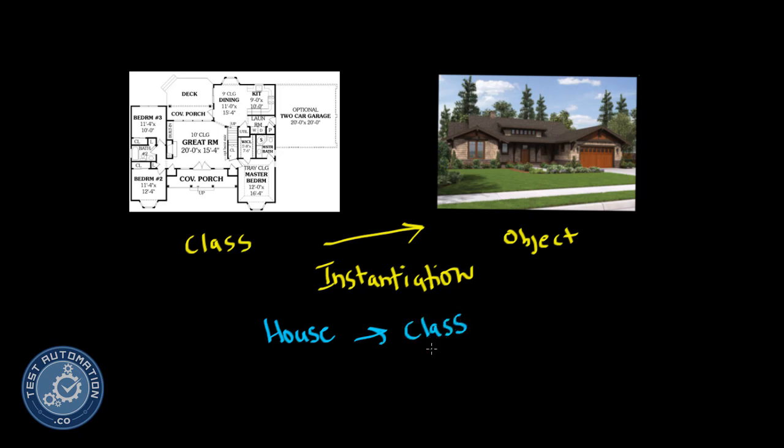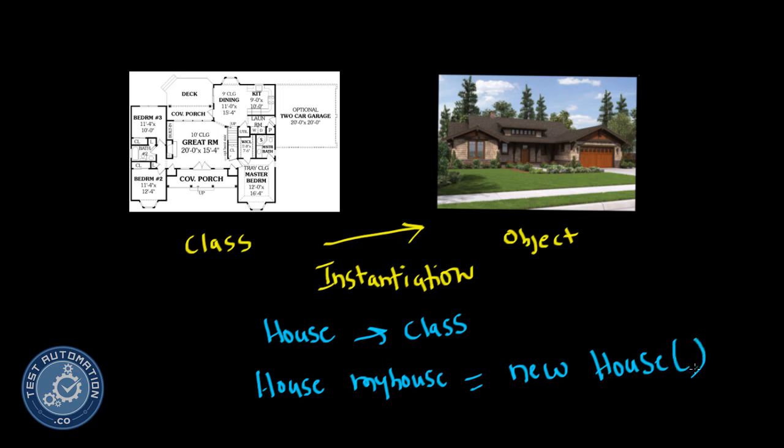This is achieved by using a syntax, which I'm going to show you right here. I want an object house. I will name that myHouse, and that can be instantiated by using the new operator and House. So I'm creating my house using the blueprint, which is this class right here.